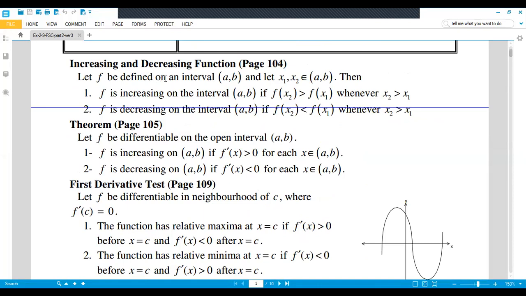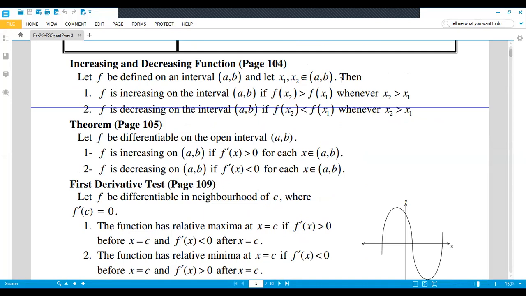So let f be defined on interval AB, meaning you have a function f and its given interval is AB, and let x1 and x2 belong to AB, meaning x1 and x2 are values which belong to this interval.